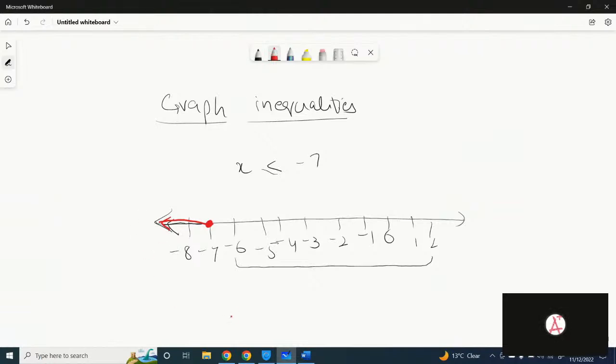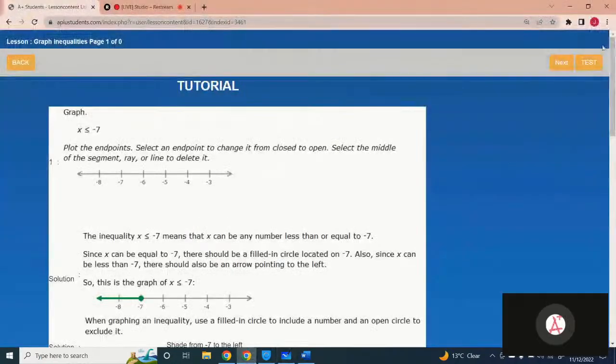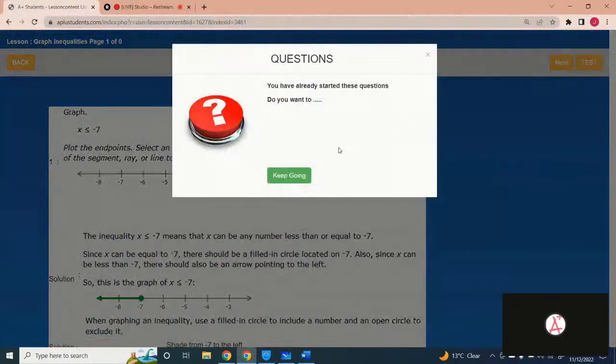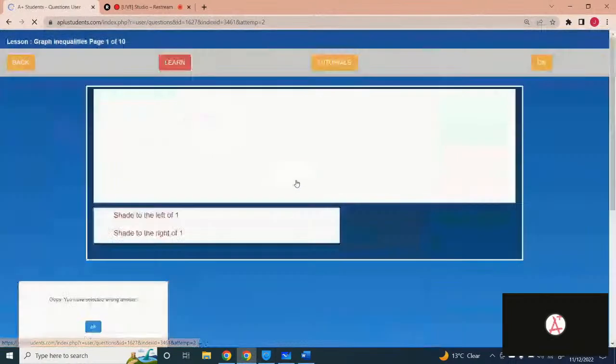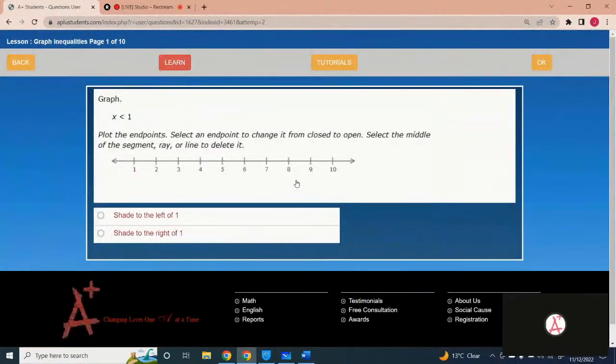Okay, let's just start with the test questions. Okay, x is less than 1. So less than 1 means you are on the left side of the 1. On the right hand side of the 1, the numbers are getting greater and greater, isn't it? So on the left hand side, you have all the numbers that are less than 1.